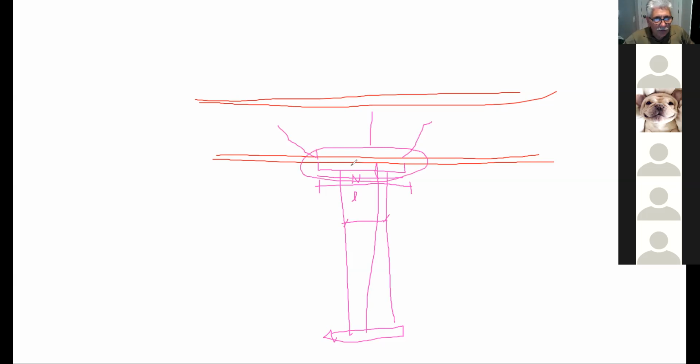So that web crippling equation, Matthew, only use it for interior columns, in other words, where the member goes right across. Not for exterior columns. There's another way of calculating for exterior columns. Okay. Sounds good, sir.